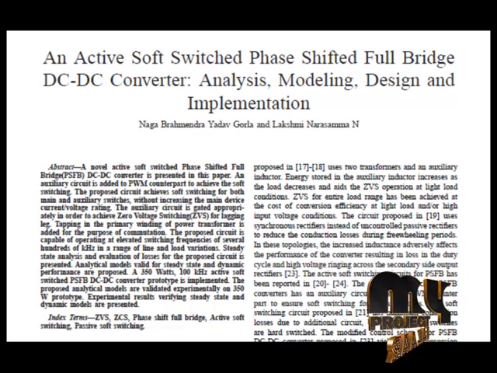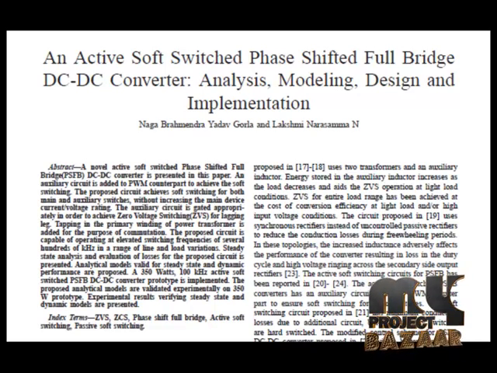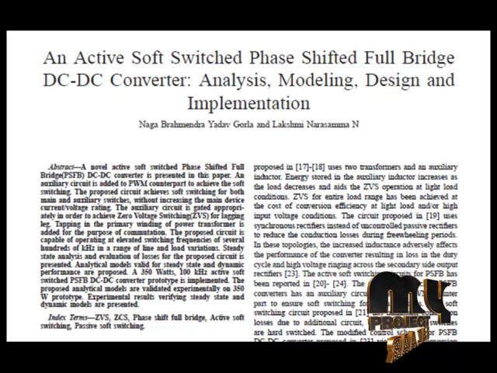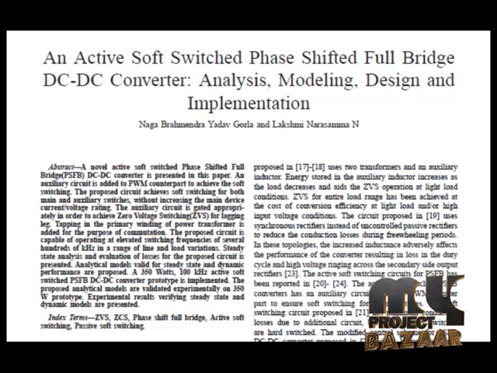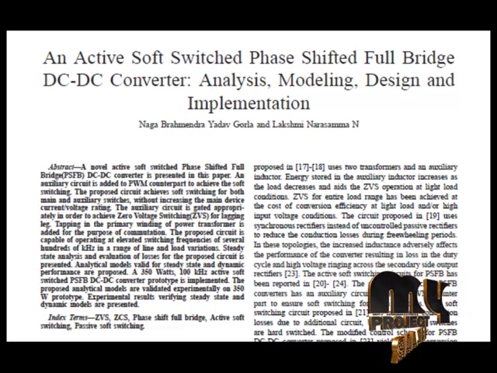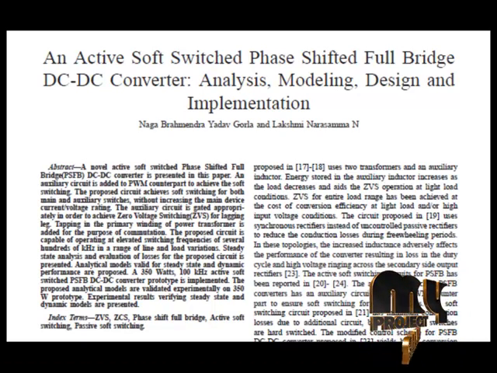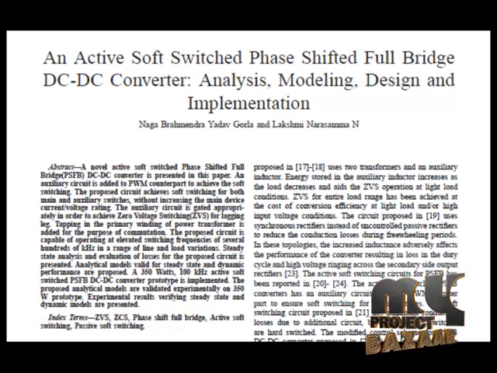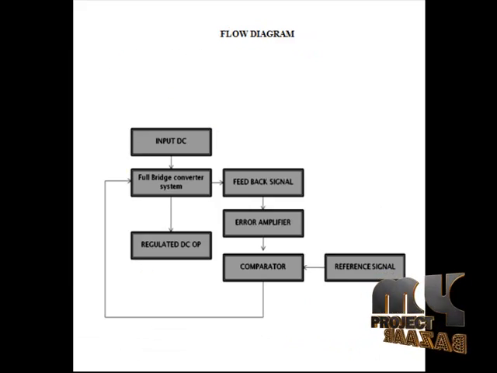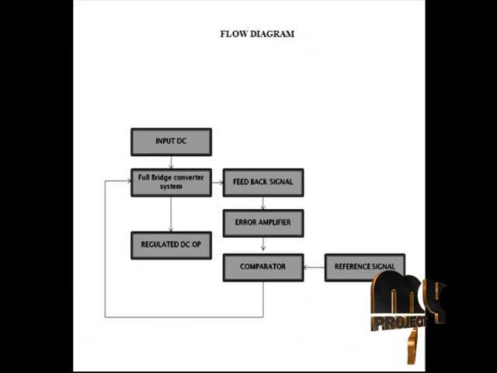In this paper, a full bridge ZVS converter with adaptive energy storage is introduced that offers ZVS of the primary switches over a wide range of load, with great reduction in no-load circulating energy and significant reduction in secondary side duty cycle loss. Now I am going to explain the flow diagram of our project.